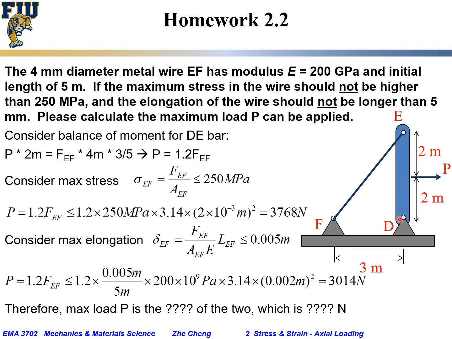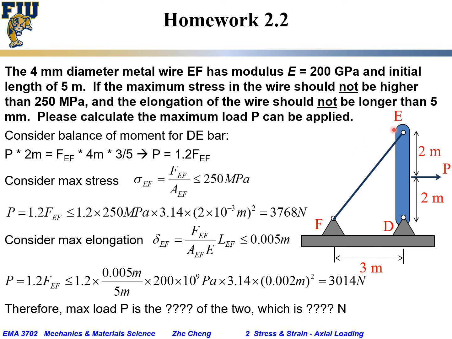If we use D as our point and the axis, so P times 2 meter will be a moment that's trying to rotate the DE bar clockwise.